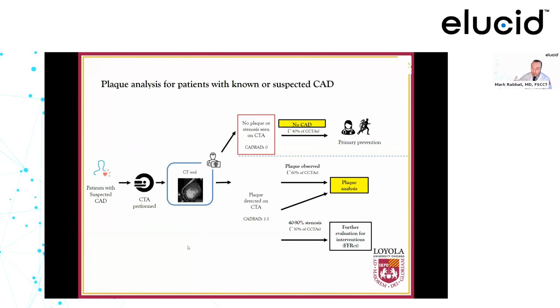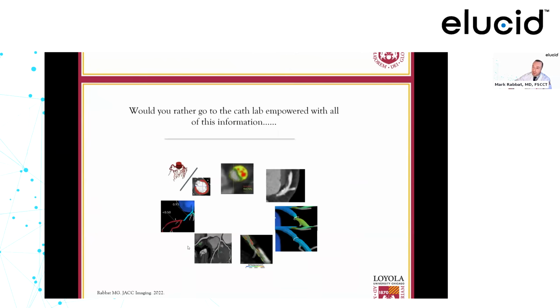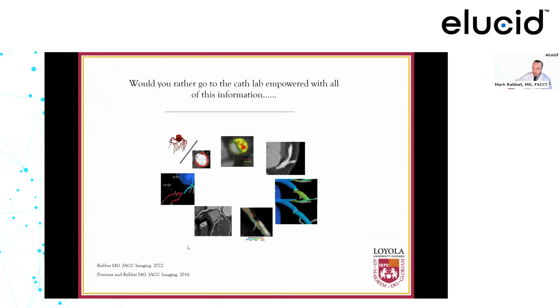So once you identify plaque, CAD-RADS 1 through 5, you can consider plaque analysis at that time. And then once you are in that 40 to 90% diameter stenosis range, and this is what's used in the ACC/AHA guidelines as well, you can consider further evaluation with, for example, FFRct. So wouldn't you rather go to the cath lab empowered with all this information?